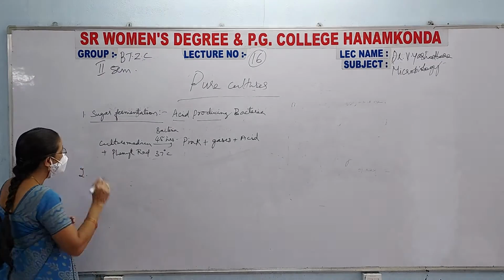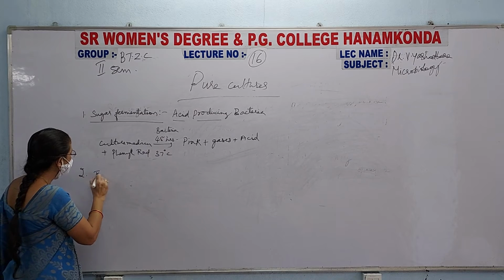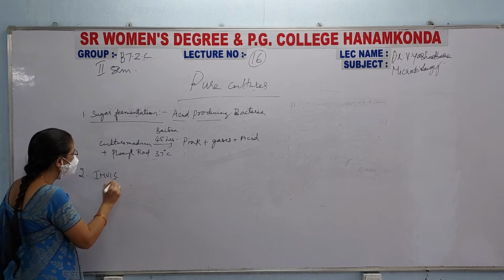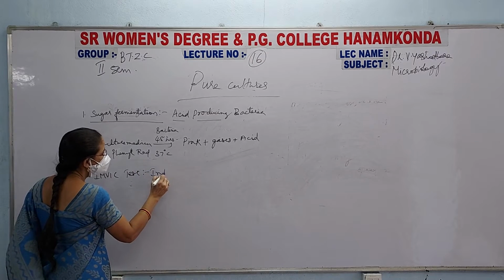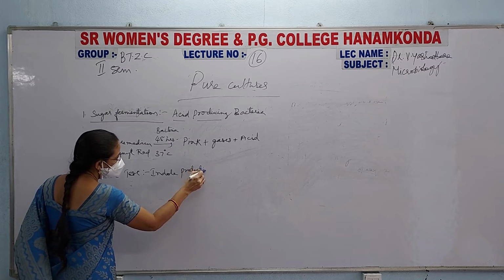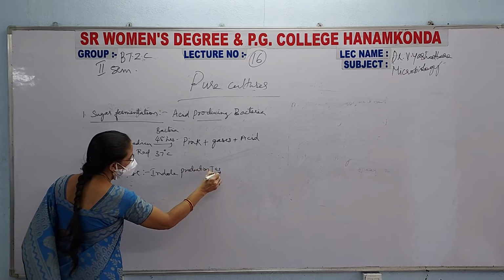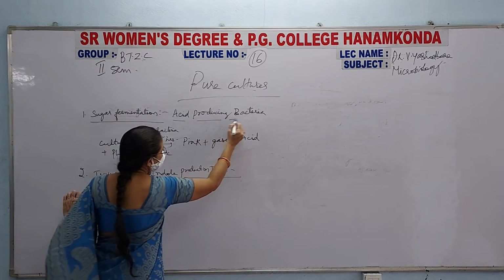Second one, the next test, is the IMViC test, or this can also be called the indole production test, or identification of indole producing bacteria.